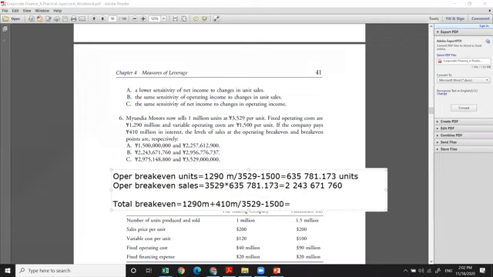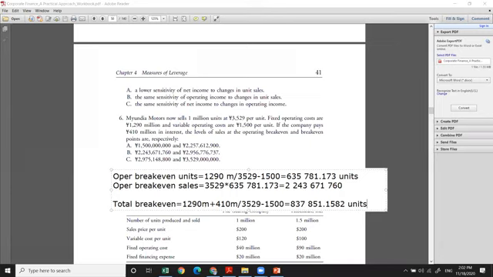That would give me, if you calculate, 837 by 1. So my break-even point is 837, and operating break-even sales.